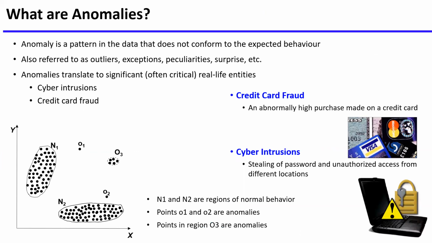So we all understand that anomaly is a pattern in the data that does not conform to the expected behavior. Sometimes we call anomaly an outlier, exception, peculiarity, or surprise.